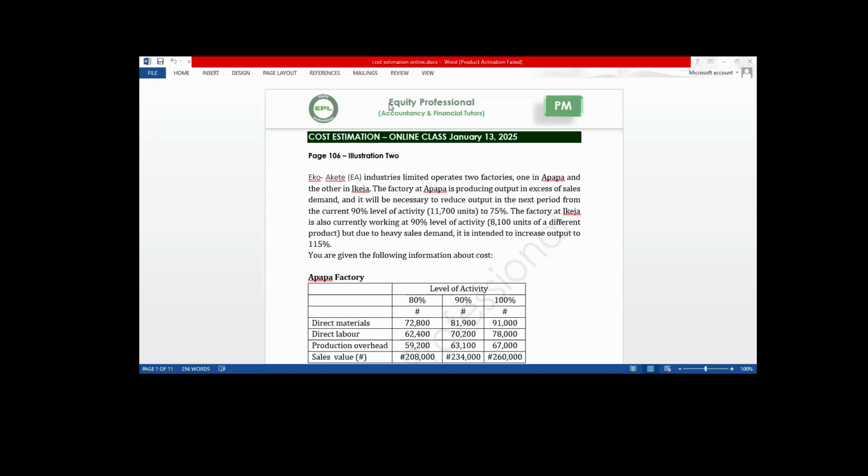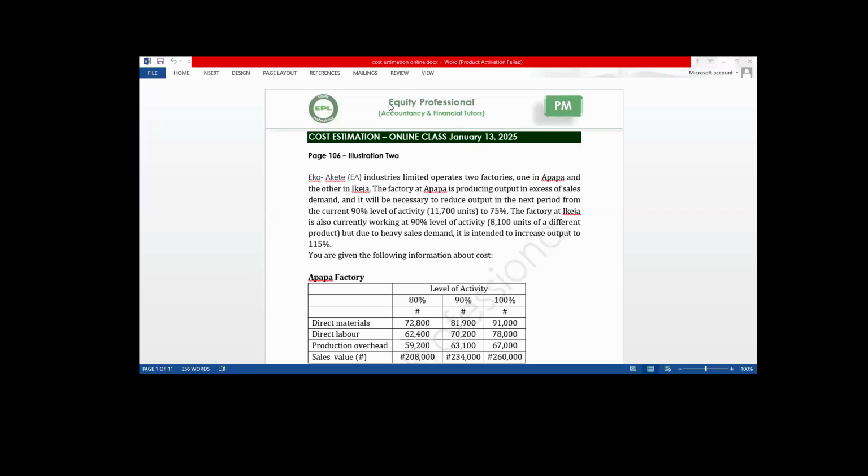We are measuring historical cost so as to assist us in the estimation of likely future costs. We discussed the various methods of estimating costs.